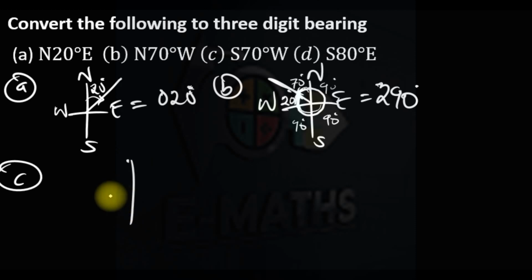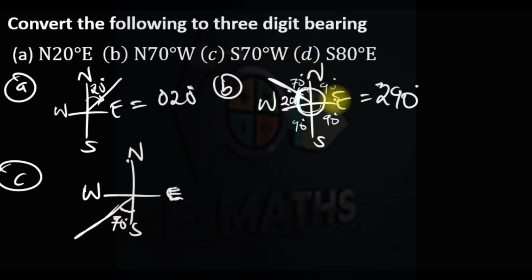We draw our cardinal points, north, south, east, west. So we move south 70 west. So this is 70 west.